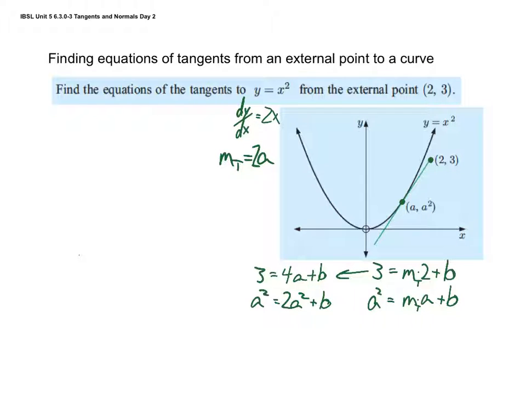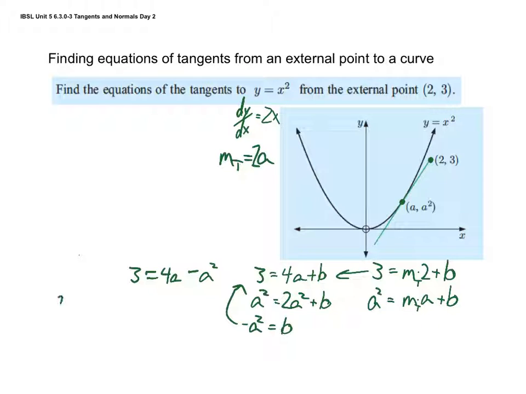So negative a squared equals b, which I can then plug in here, and I get 3 equals 4a minus a squared. Now we have a quadratic equation that we can actually solve.